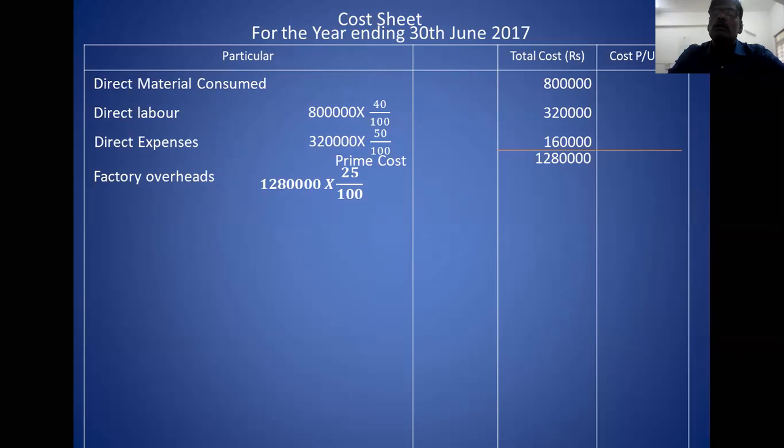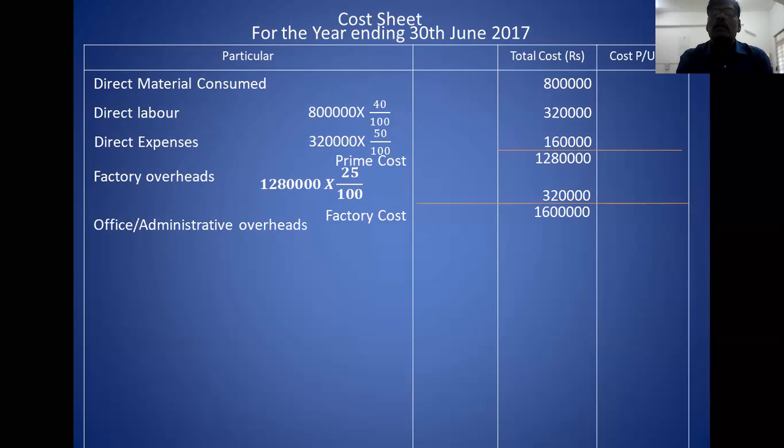On 12,80,000, you calculate 25%, and this is 3,20,000. 3,20,000 is the factory overhead. You take the total. Total is 16 lakh. This 16 lakh is called factory cost, or work cost, or production cost. You use different words and names.